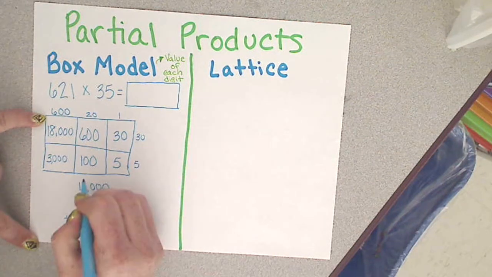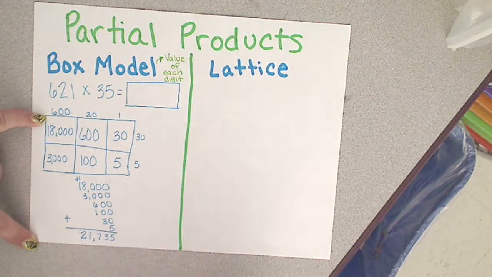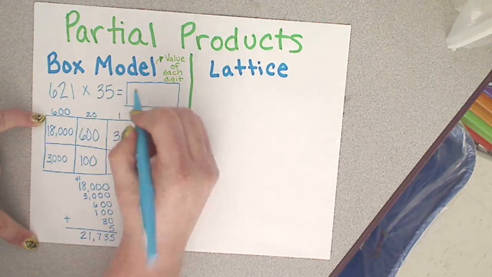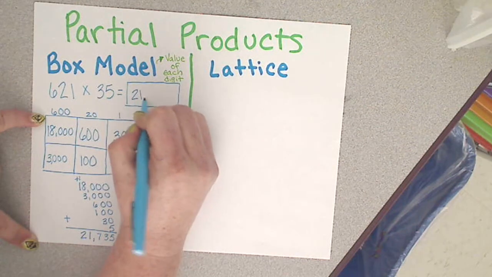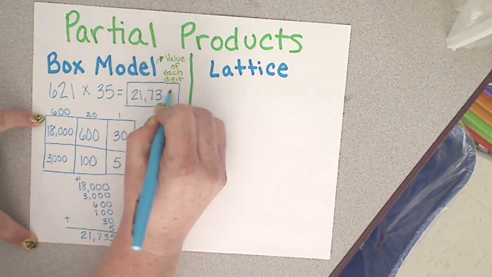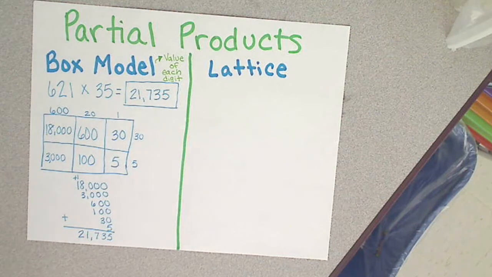So I leave my ones, I carry my tens. 1 plus 1 is 2. So the product of 621 times 35 is 21,735.